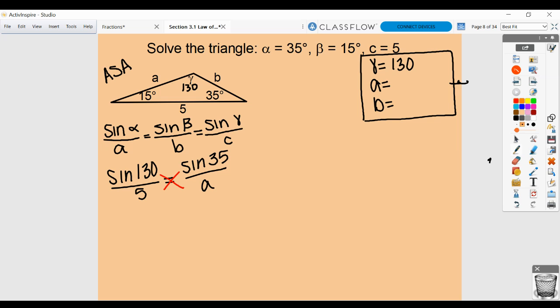Cross multiply. It's very repetitious. You're going to cross multiply and then divide. So A sine 130 equals 5 sine 35. Divide by sine of 130.